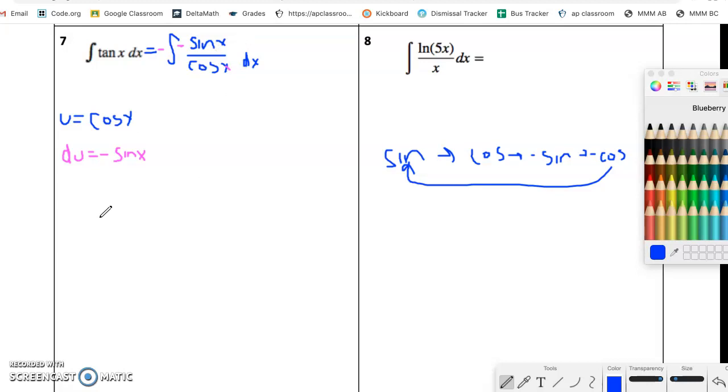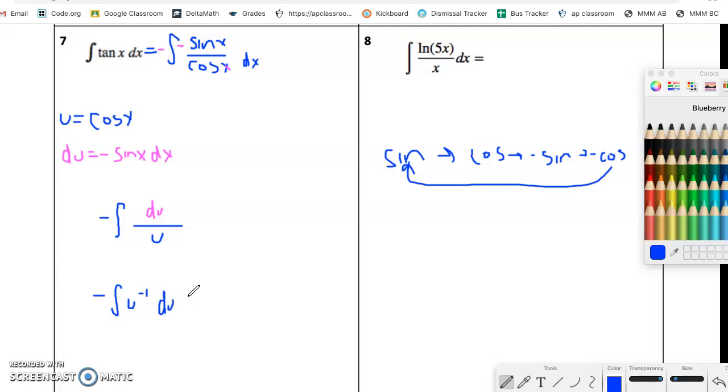I'm going to have the negative integral, negative sine dx becomes, sorry, I forgot the dx here. So negative sine dx is just becoming du over our cos x is just becoming u. And this is the same thing as negative integral u to the negative 1 du.